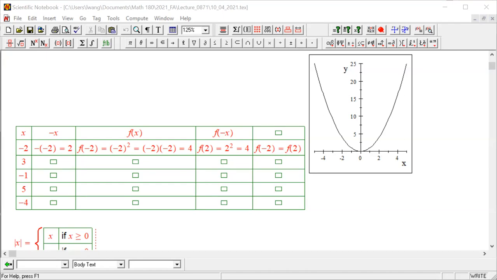And then I will catch up with you. Just follow my example, okay? To understand the notation.